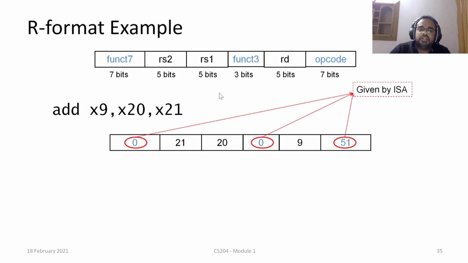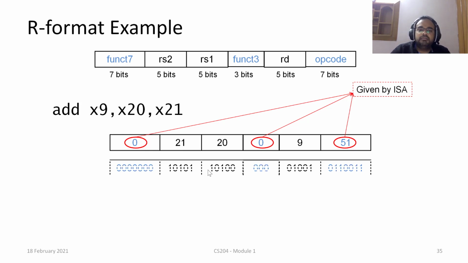The register destination here is x9, so 9 is written here, the source 1 is 20 and source 2 is 21. If we convert them into a sequence of ones and zeros, 51 is represented as a 7-bit number, 9 as a 5-bit number, 0 as a 3-bit number, 20 and 21 as 5-bit numbers, and the final 0 as 7 bits.